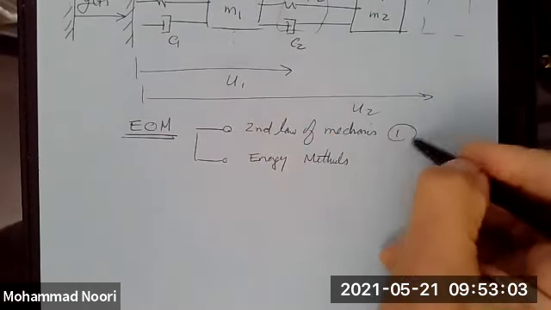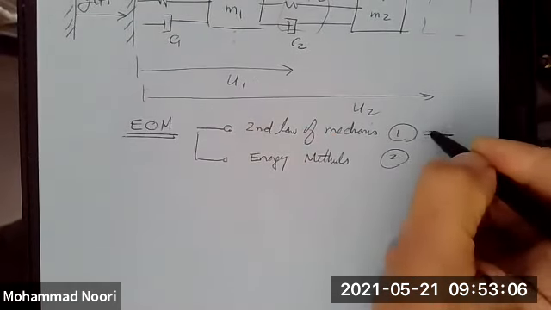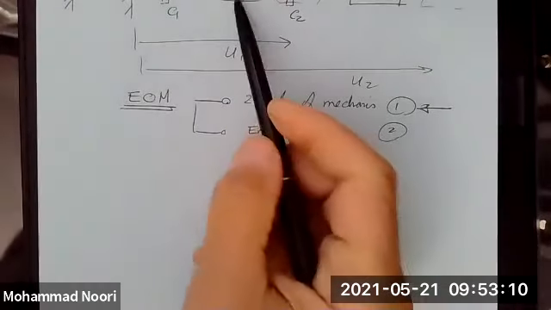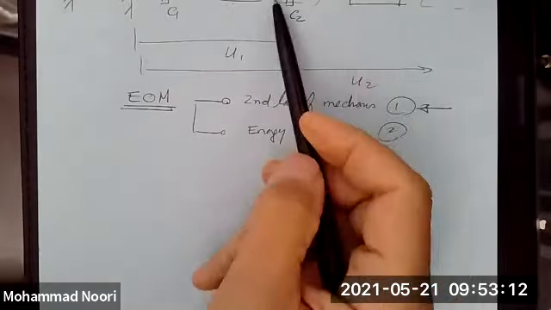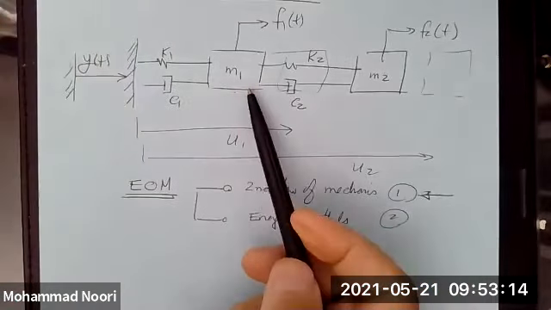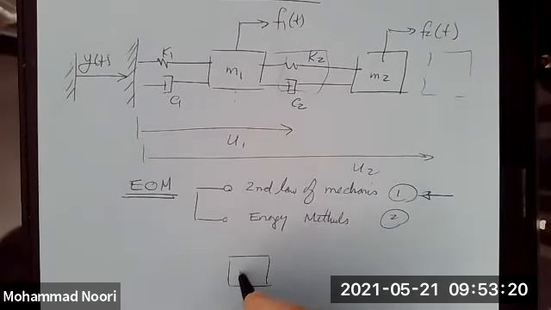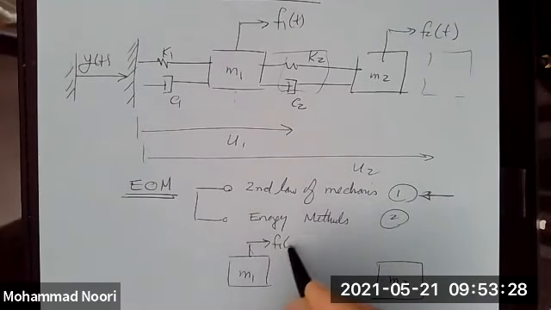So first, let's start with this one, the second law of mechanics, meaning that you need to set up free body diagrams of these two masses and simply write equilibrium equations. So mass 1, mass 2. Mass 1 is subjected to this external load.